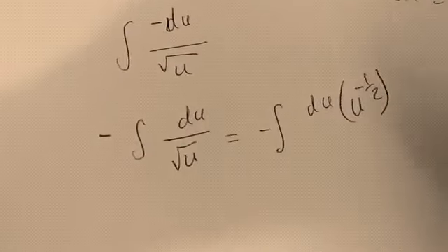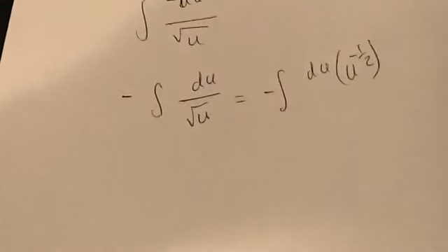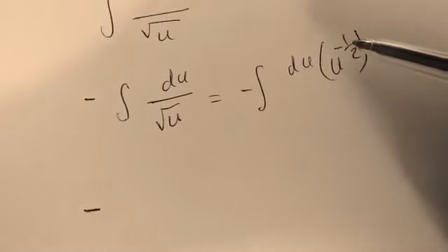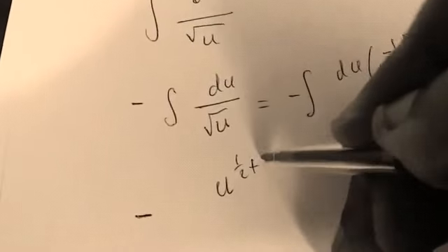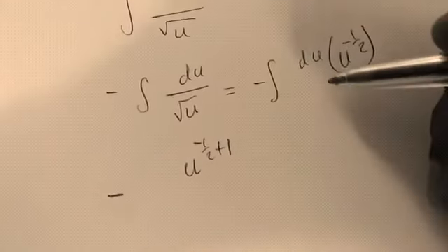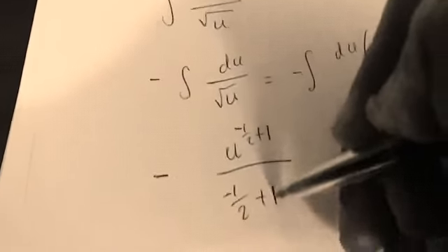Now, it's a simple matter of finding the antiderivative, right? So we go minus, and now we say u to the power of negative a half plus 1, divided by negative a half plus 1.